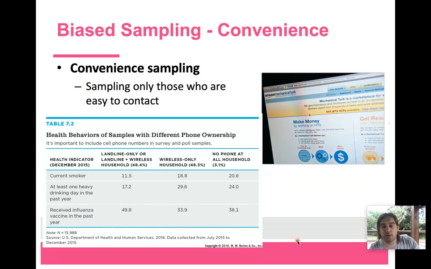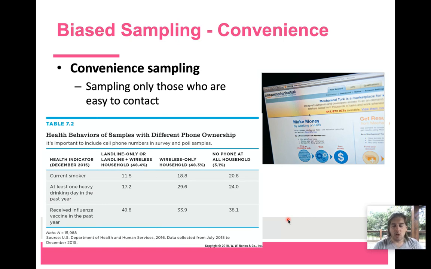So a convenient sample is just what it sounds like. You reach out to people who are easy to contact. They're just there, right? This is often a critique in experimental psychology, because many experiments in the field of psychology use college students who are taking Psych 100, or Intro to Psych, because that class has maybe a built-in research requirement where you have to participate in research in order to get a certain number of points or to pass the class.